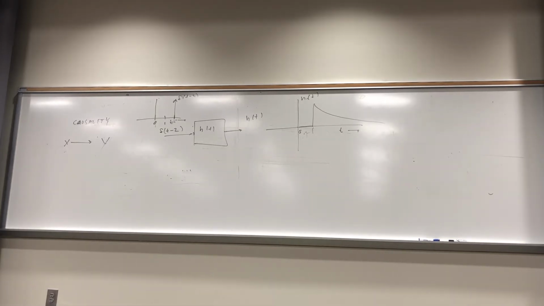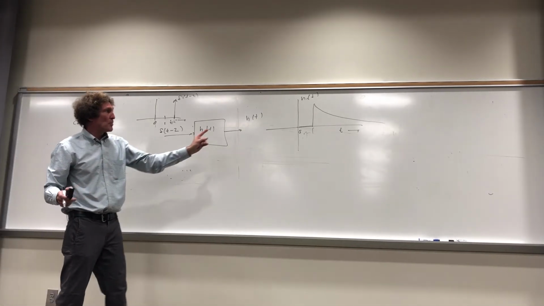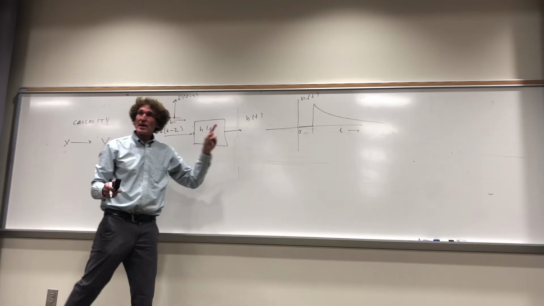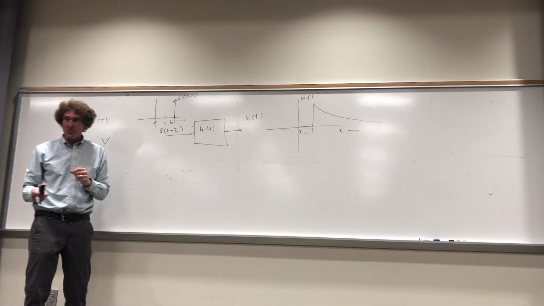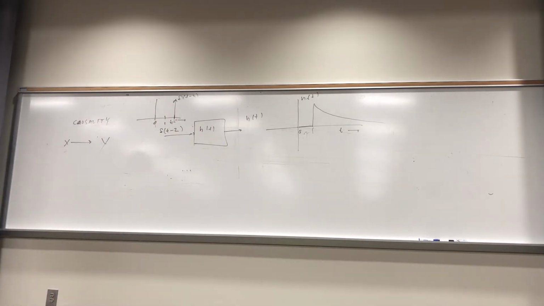However, listen carefully. This type of system response, where the output anticipated the input coming at 2, would be allowable and useful if we did not have a real-time event going on, as in real time, as I'm speaking. But suppose I recorded something for 2 days.